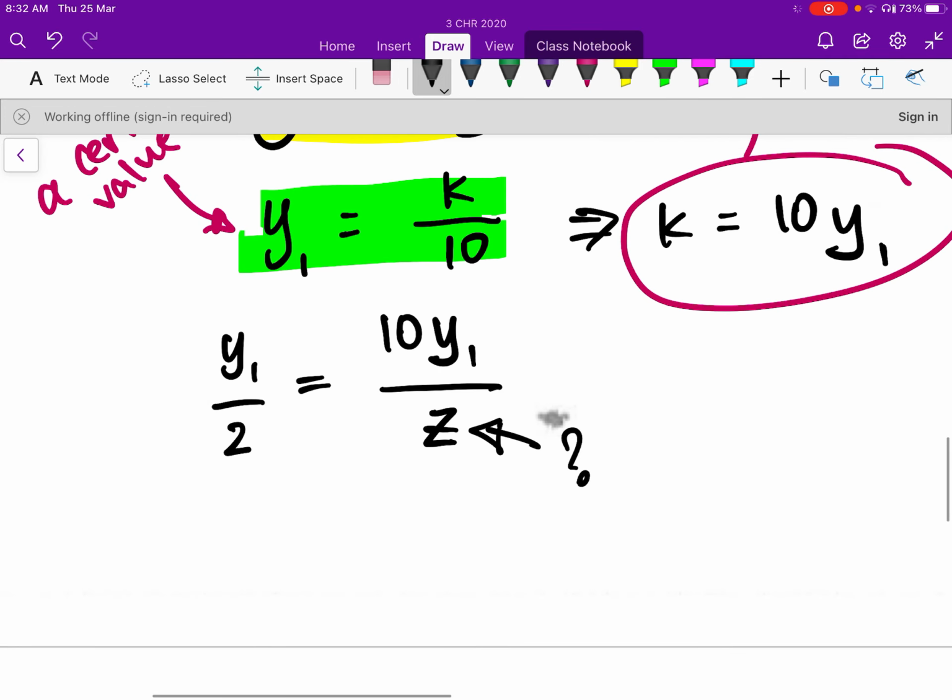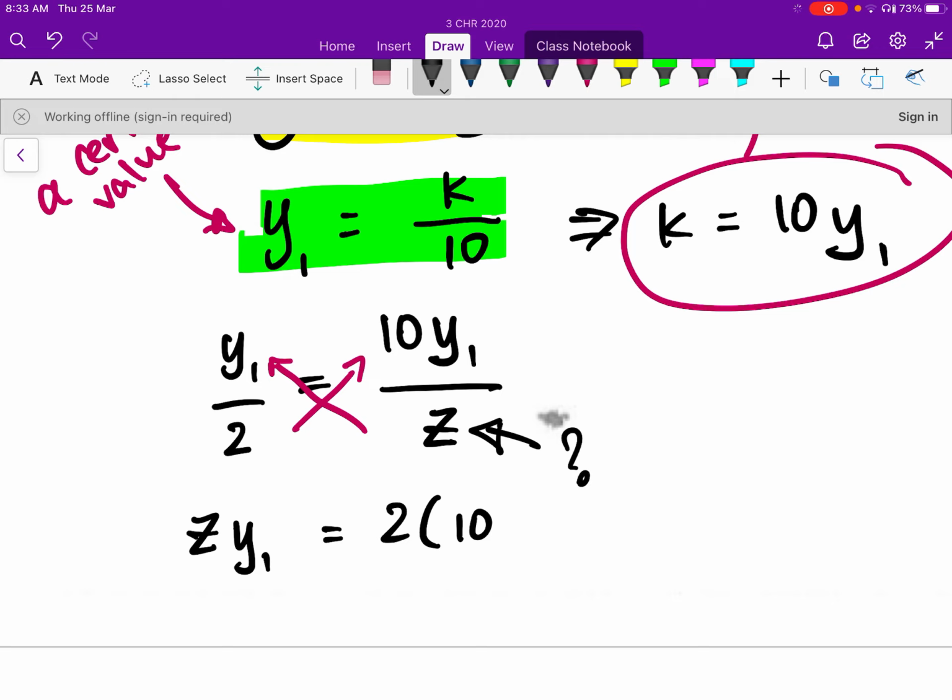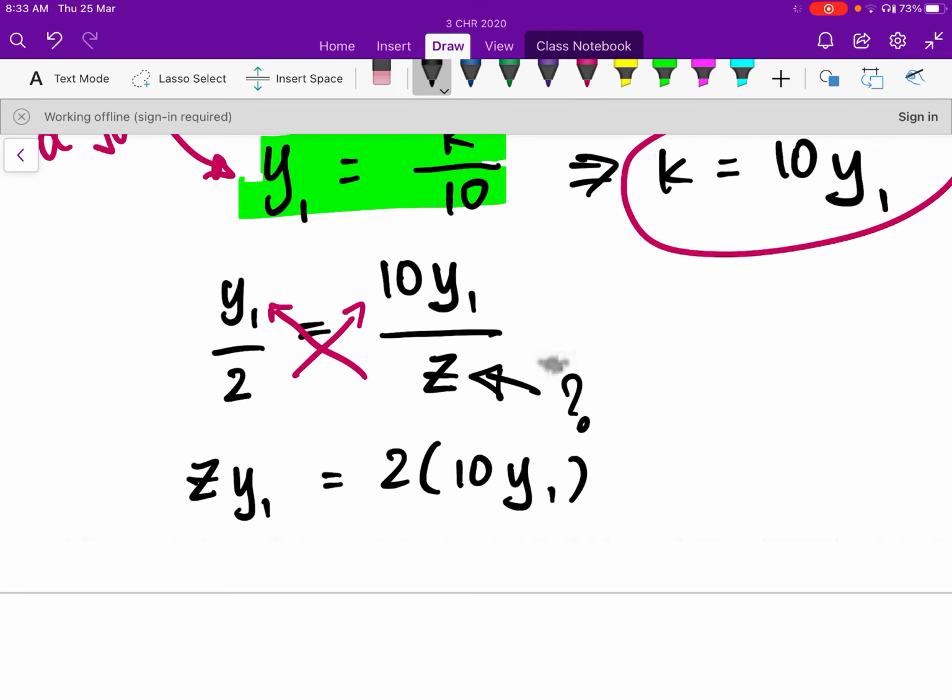Okay? So I have a fraction equal to fraction. I want to find Z. Cross, yes. So what do we have? Z times Y1 equals to 2 times 10Y1. So we cross, we wanted to find Z. So I need to divide both sides by Y1.